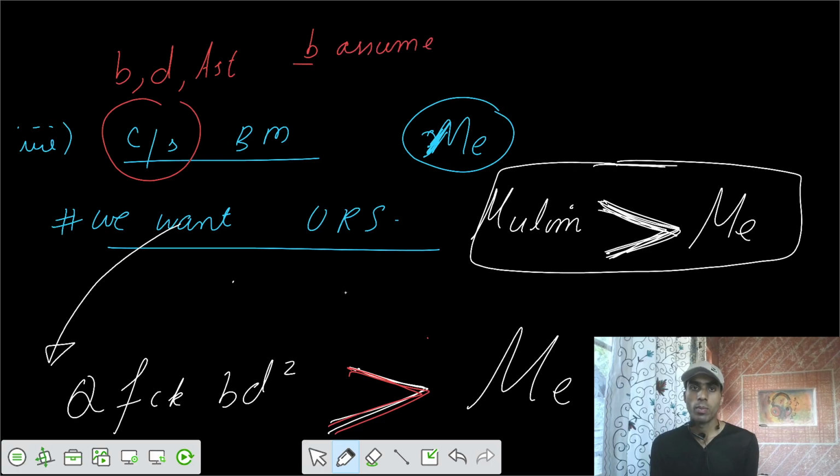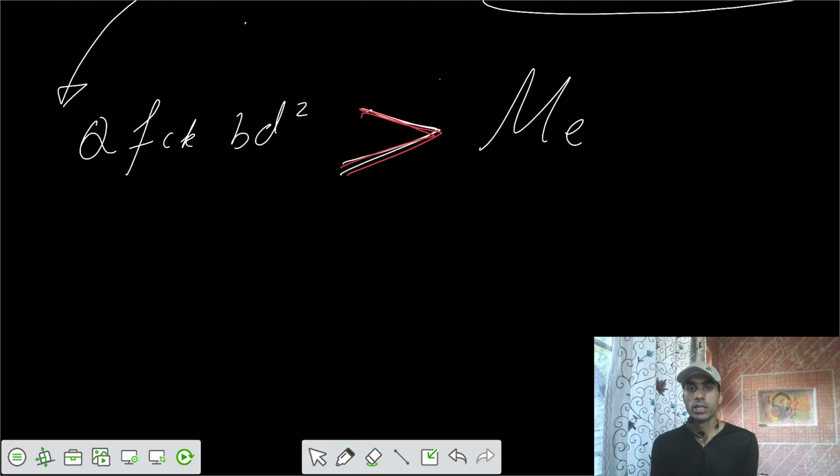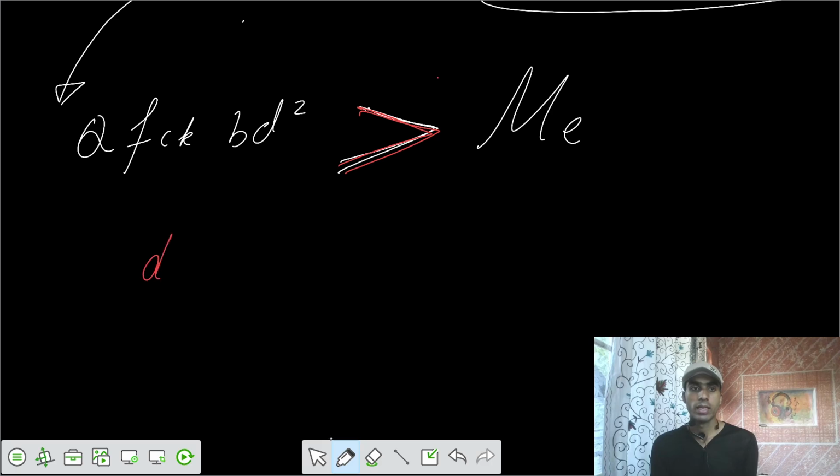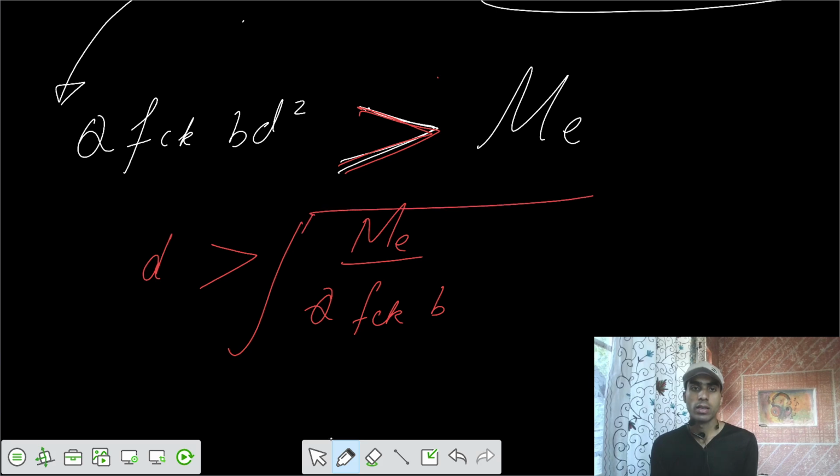If I assume the value of B, I can get the approximate value of the depth of section required. So depth would be greater than the square root of ME by Q times FCK times B.